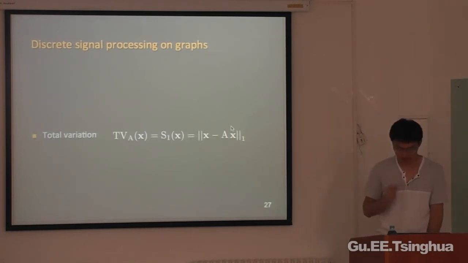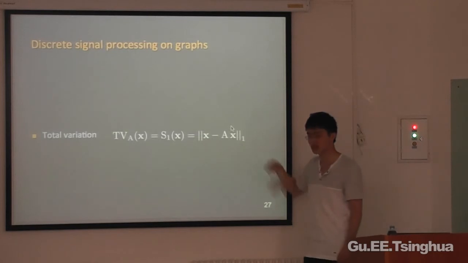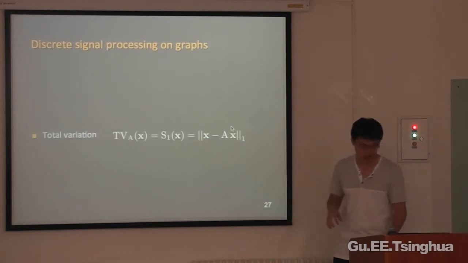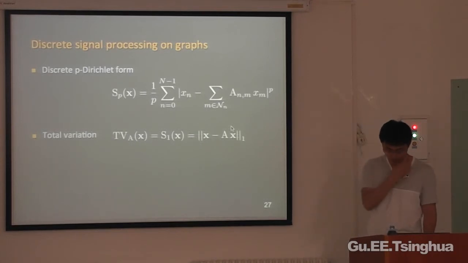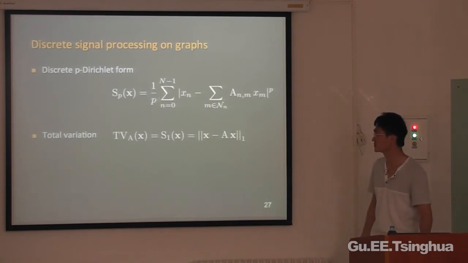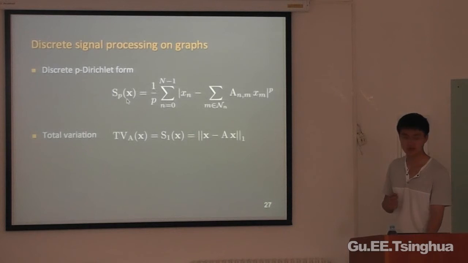So now we have the total variation, and we want to be more general. This describes the smoothness of a signal, and we can have more norms to describe the smoothness. For example, we have the p form. Total variation is just specifying this p to be 1.